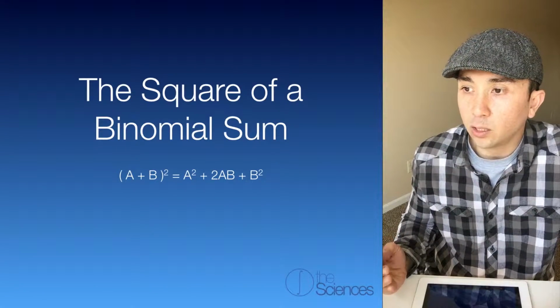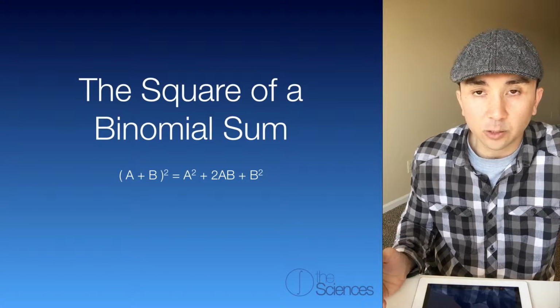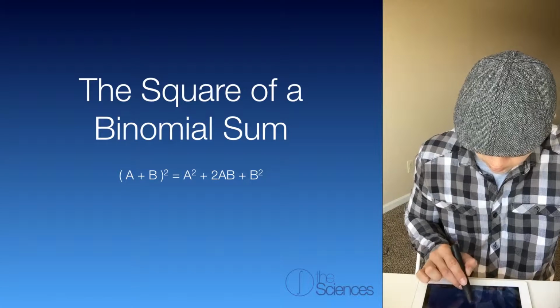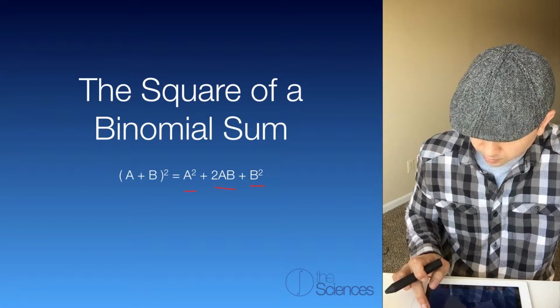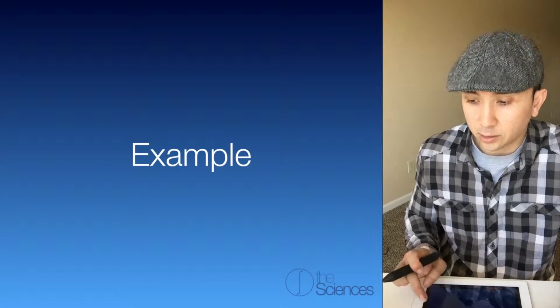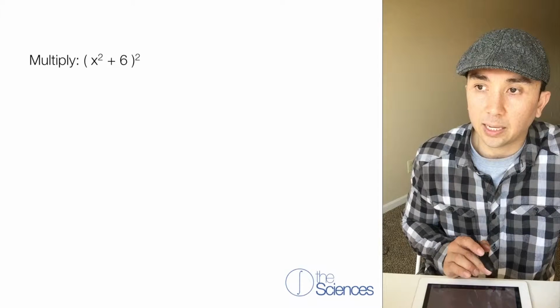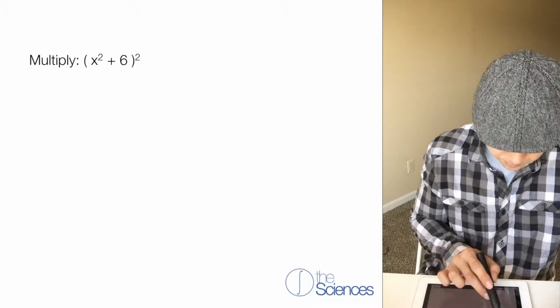Now the square of a binomial sum is when you have a plus b squared. Well, that's simplified as a squared plus 2ab plus b squared. So let's do an example. So let's multiply x squared plus 6, squared.